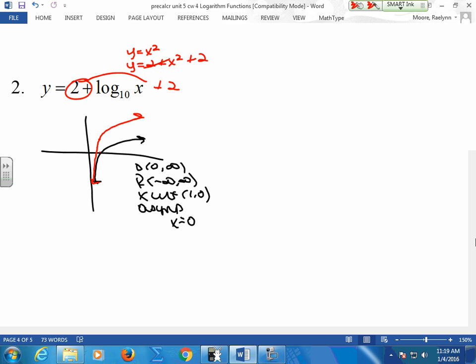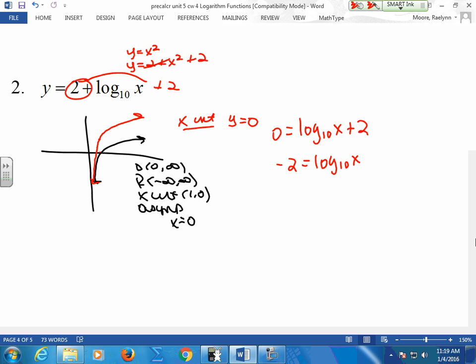I changed my x-intercept. Now, to find an x-intercept algebraically, you have to set y equal to 0. We didn't find a y-intercept because we have none right now, because we have an asymptote here. So if you go to this and solve for x, isolate your log, subtract 2 from both sides.